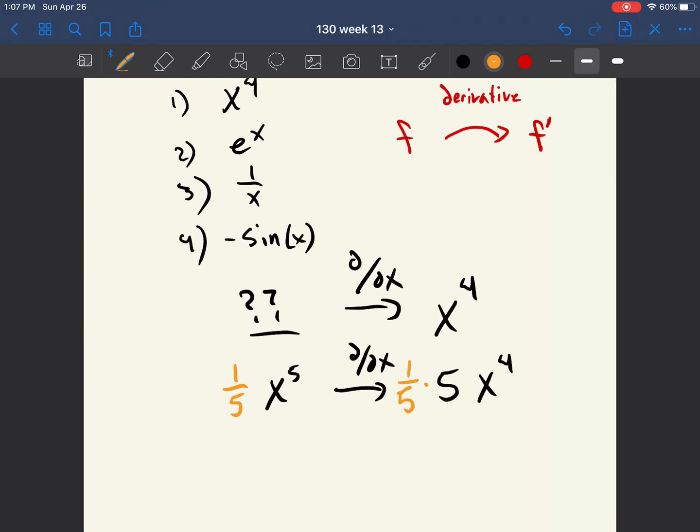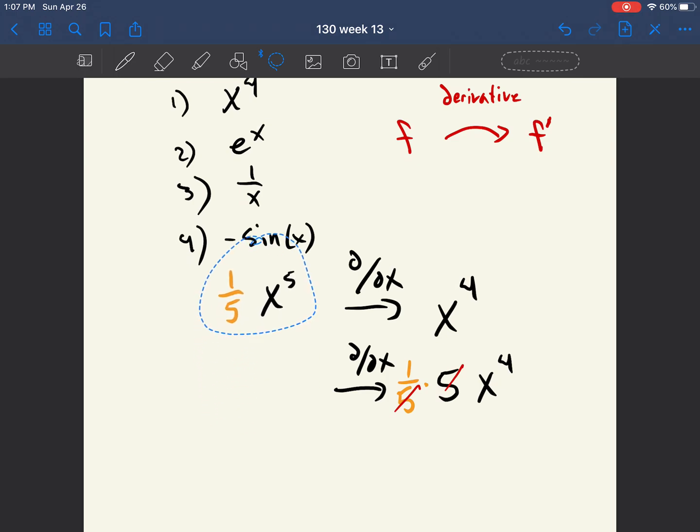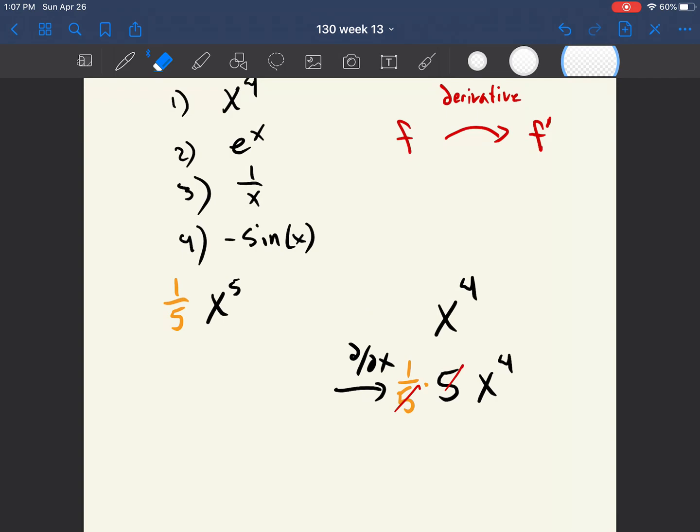Then I would have a 1/5 hanging out there, and then I would take the derivative, which would give me this 5x to the fourth part. And then look, this 5 and this 5 cancel, so you're left with just x to the fourth. So we can take this 1/5 x to the fifth and think about its derivative, just to check.